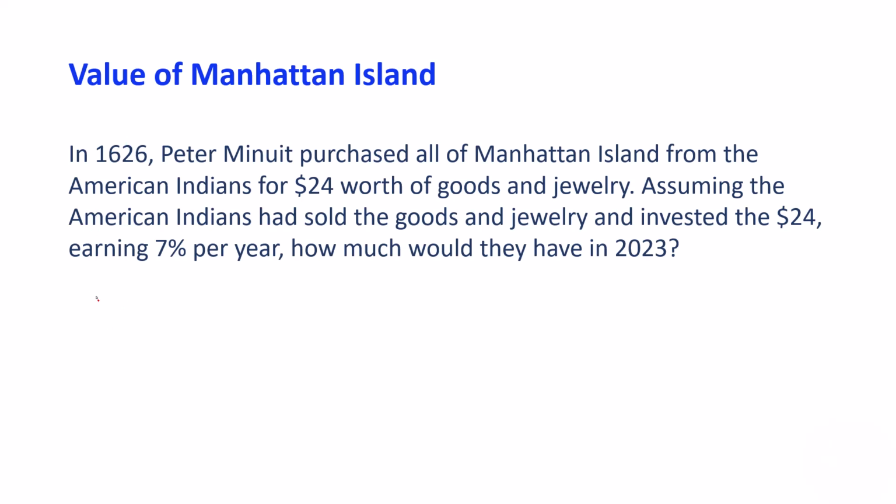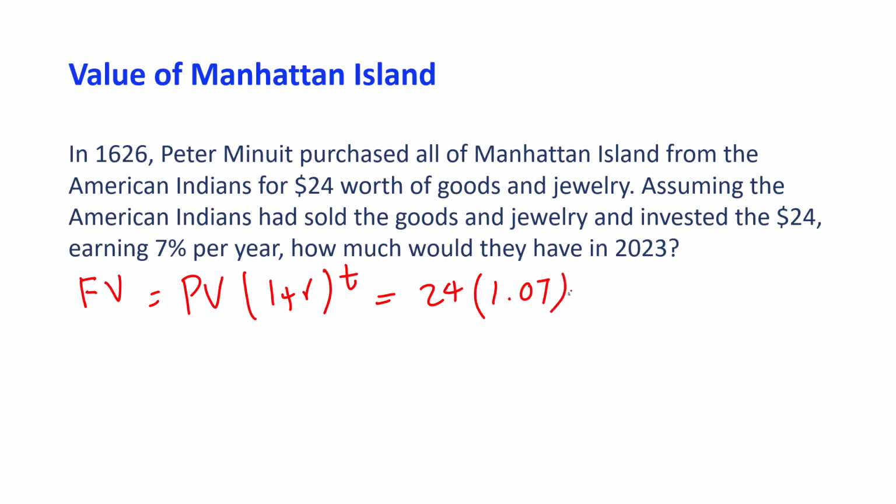The formula for future value is your PV times 1 plus the rate to the power of the number of periods. So your present value in this case is $24, and the rate you're earning is 7%, raised to the power of 397.